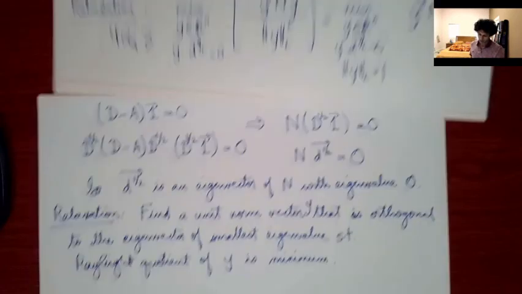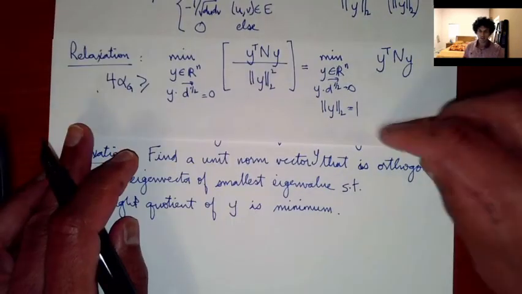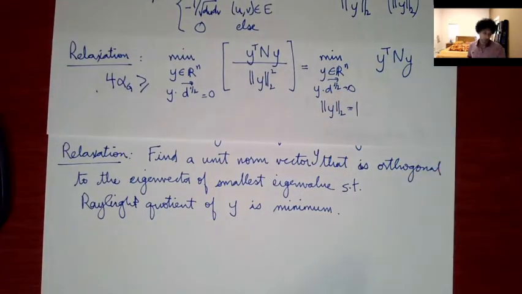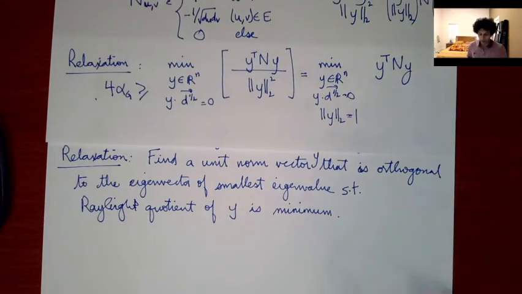Once you do all these manipulations, you're saying find a unit norm vector that is orthogonal to the unit vector of smallest eigenvalue, such that the Rayleigh quotient is minimum. So what is this quantity? What is the y that does this minimization? And what is the Rayleigh quotient going to be? It's the largest eigenvalue of the Laplacian.